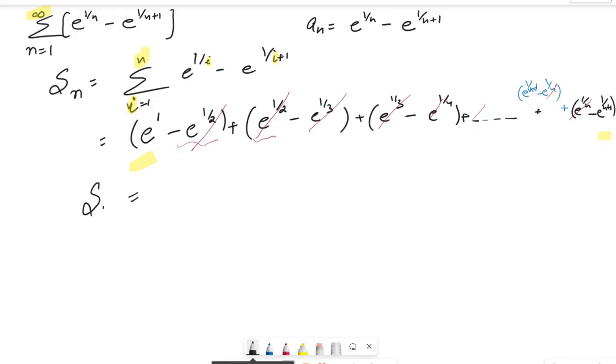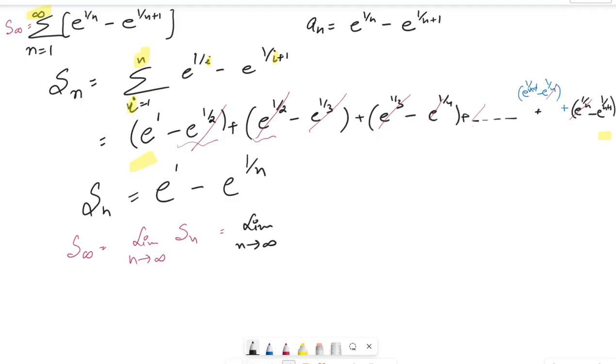That means S_n is e to the power 1 minus e to the power 1/(n+1). We want to find S infinity. This is S_n, so S infinity would be the limit as n approaches infinity of S_n, basically the limit as n approaches infinity of e to the power 1 minus e to the power 1/(n+1).